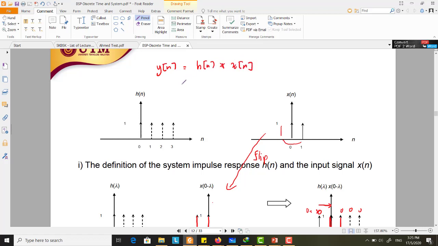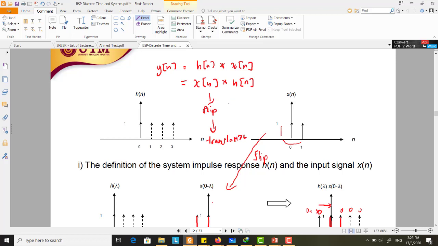And you can also compute it this way: xn convolved with your hn, and you still get the same yn. So in this case, the one that has been flipped is your xn. You need to flip, and then you do some translation to get your yn.